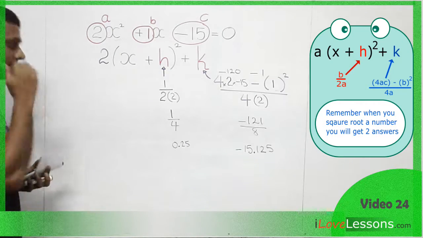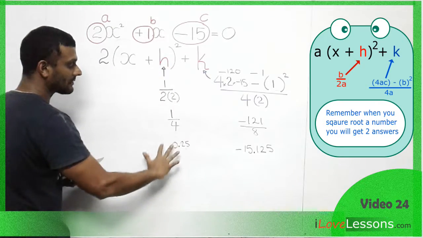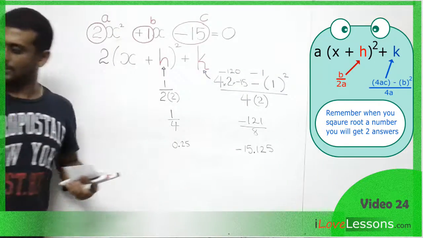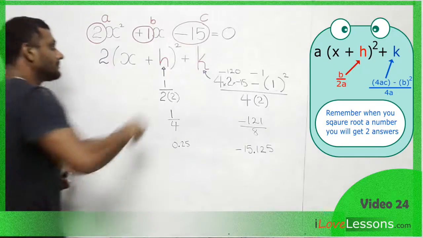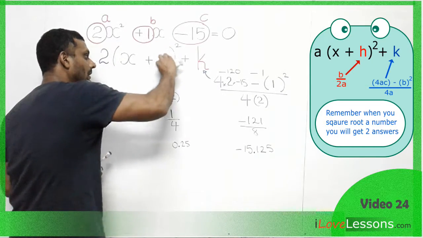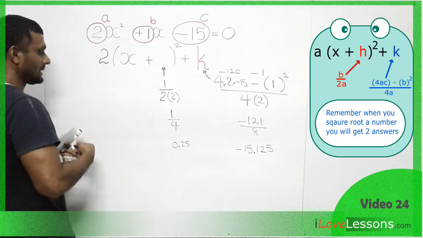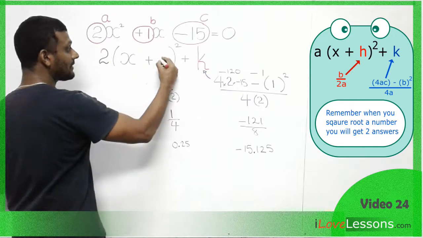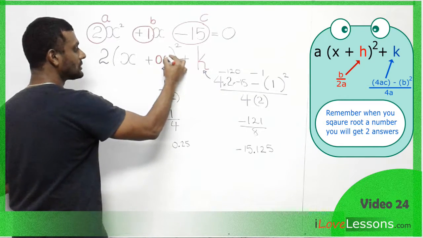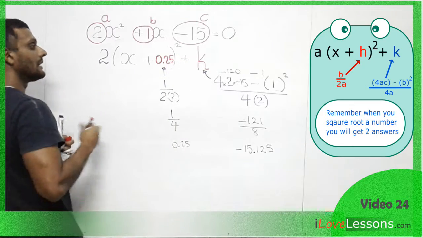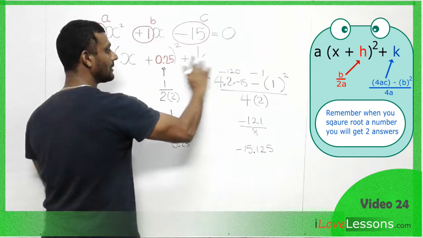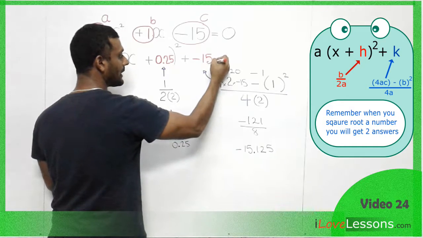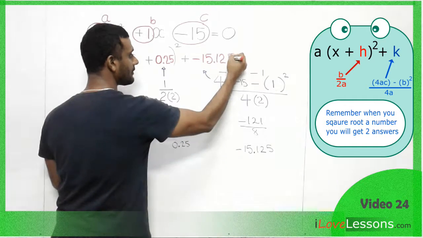So, all we have to do now is replace h with that value and k with this value. So let me neaten this up a little bit. I can erase the h, and instead of h, I can put 0.25, and instead of k, I can have minus 15.125.